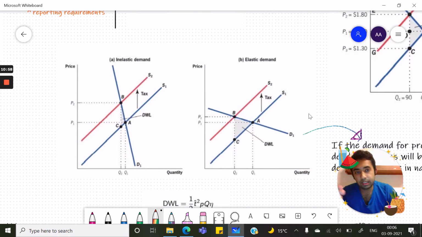In the case of inelastic demand for any good, the demand curve is steeper. So with the increase in taxes, the increase in price and the decrease in demand, we see that the deadweight loss is very small compared to the simpler case we saw earlier.